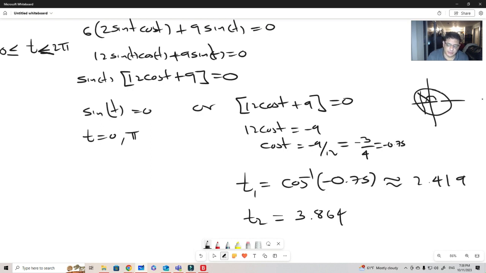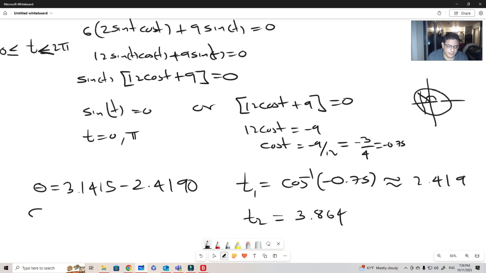So remember that to get the reference angle theta, you're doing 3.14 minus 2.419.